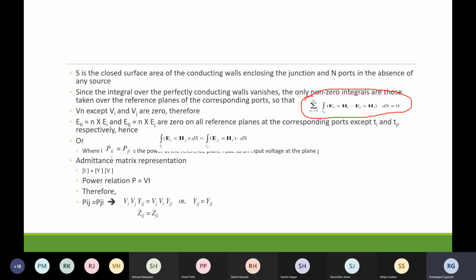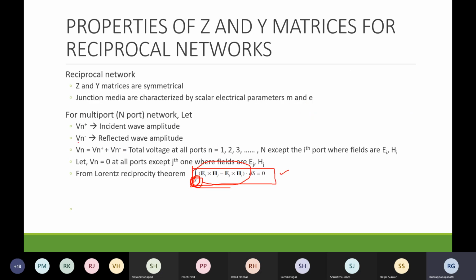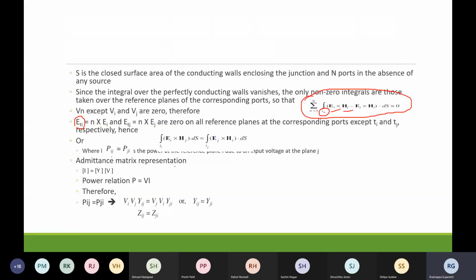Now here we can observe that Tn is specified. When we consider that, we have two parameters, Ei and Hj, which are related to the ith and the jth port, as we have discussed. Here ETi is given by N into Ei and ETj is given by N into Ej. These are 0 on all reference planes.